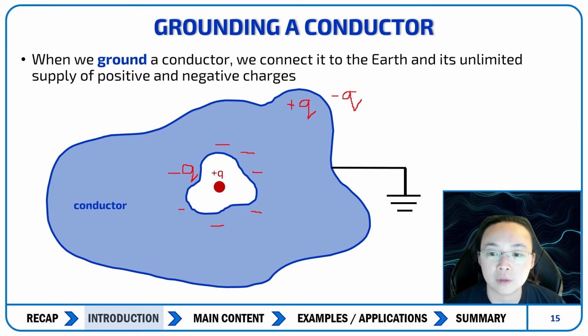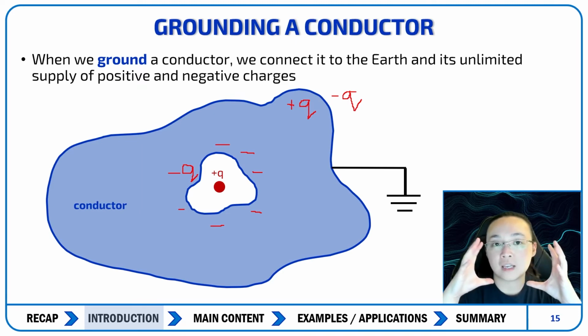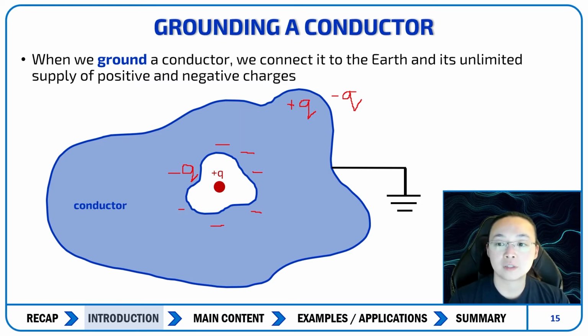And when you take a look at the overall net charge of the entire object, if I create a Gaussian sphere that envelops the entire conductor, then that means you have 0 plus Q minus Q, and therefore you have an enclosed charge of 0. So that is different than the previous example where the enclosed charge was plus Q minus Q plus Q, so therefore it was plus Q.